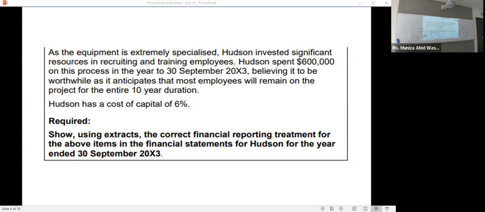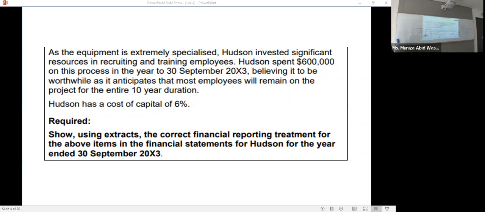So the cost which the organization is spending on the training of the employees is never going to be capitalized. It is a revenue expenditure. So 600,000 will be recorded in your SOPL. Got it? The 600,000 will be recorded as your training cost in your SOPL. That is 600,000. Is it?